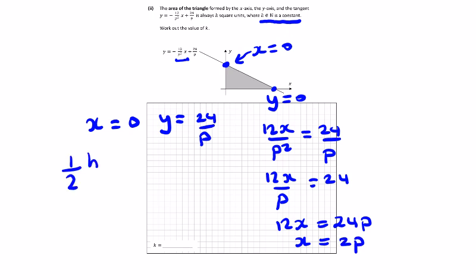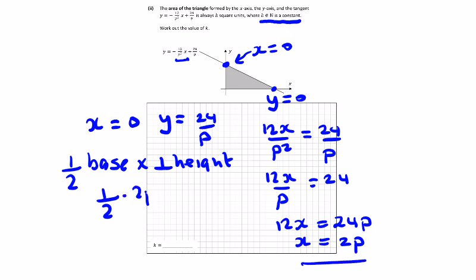So half the base by the perpendicular height gives me the area of a triangle. Half the base is the x value, 2p. Half times 2p times the height, which we got to be 24 over p, is equal to the area. A lot cancels, so the 2s cancel, the p's cancel, and we're just left with 24 square units.